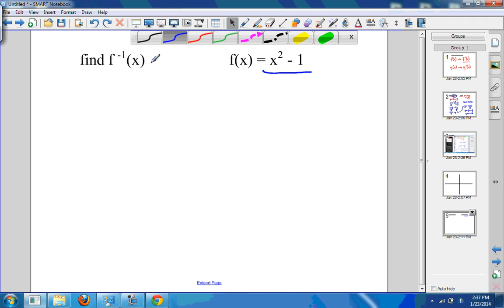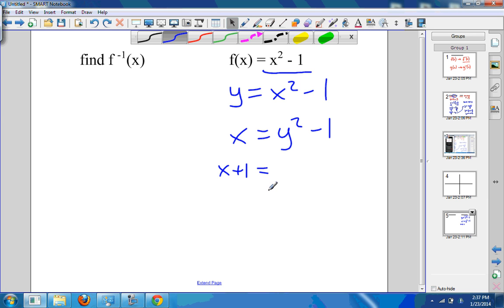Just like before, we're going to switch our x's and y's. We rewrite f of x as y, and then switch, so we get x equals y squared minus 1. Then, just as before, we solve for y. We add 1 to both sides: x plus 1 is equal to y squared.